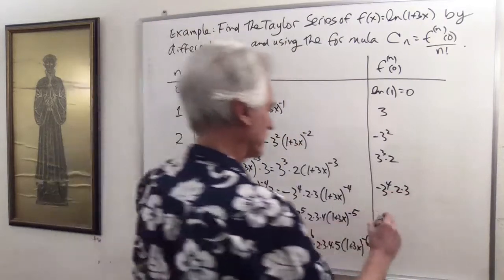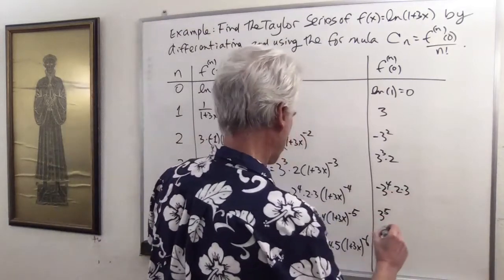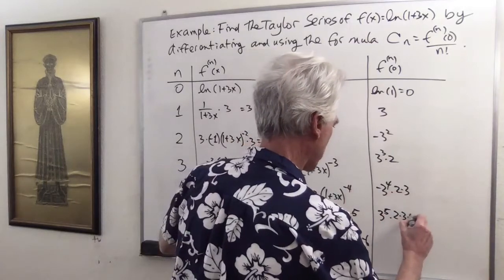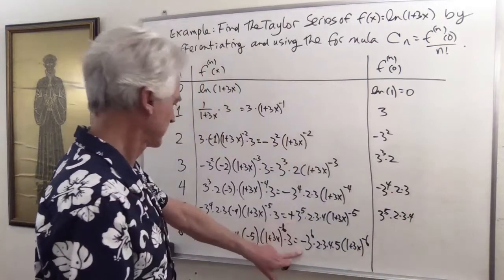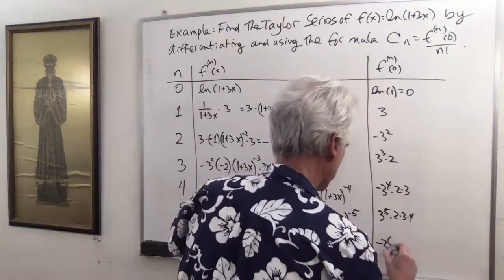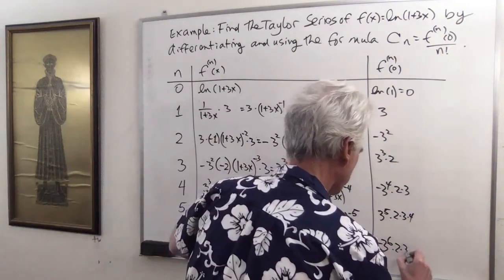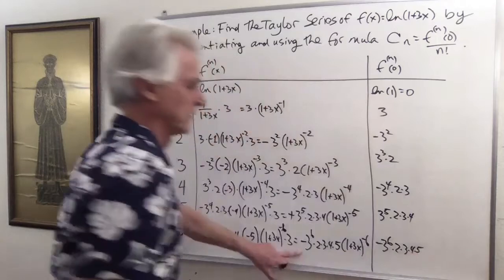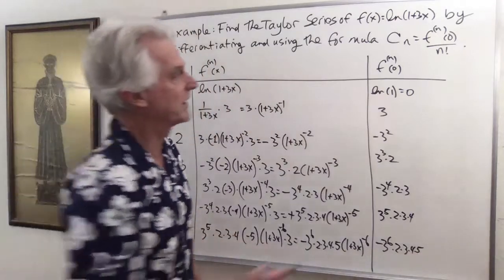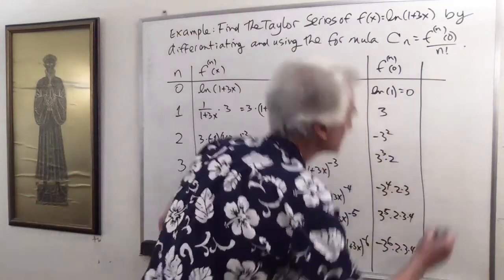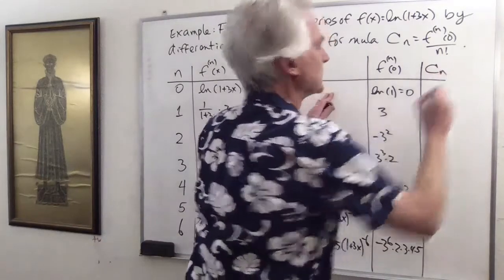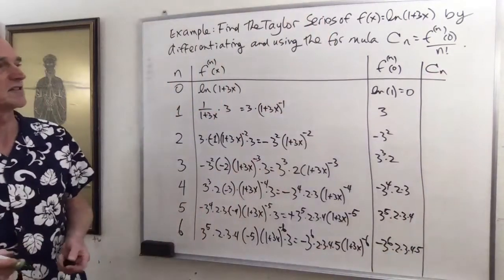The fifth derivative is 3 to the 5th times 2 times 3 times 4. The sixth derivative is minus 3 to the 6th times 2 times 3 times 4 times 5.